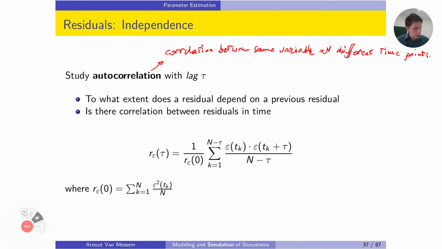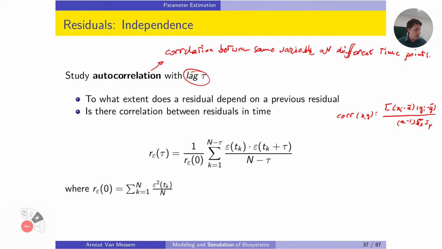If you recall the correlation, the definition of the sample correlation between x and y was the sum of x_i minus x bar, so minus its mean, times y_i minus y bar, and then we divide it by n minus 1 times s_x and s_y, the standard deviation for x and the standard deviation for y. The autocorrelation looks at, in our case, the residuals. So it checks a residual and a residual at a different time point. The difference between time points is what we call the lag, which we denote with tau.